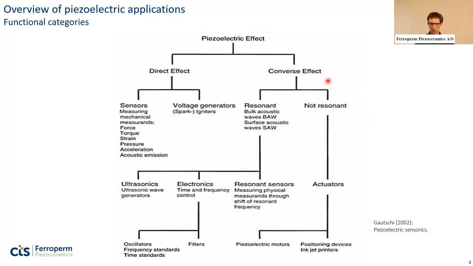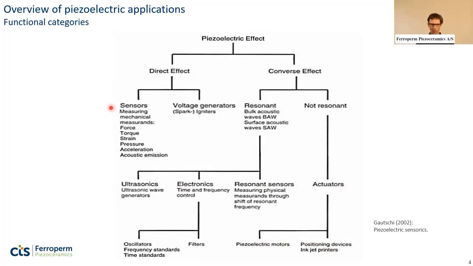Among the resonant applications you have, for example, the bulk acoustic waves and the surface acoustic waves, and also a lot of ultrasonic applications that use the high conversion efficiency obtained at resonance. And there are also some resonance sensors where you actually measure the shift of resonance frequency. Among the non-resonant applications are the actuators, for example, some of the piezoelectric motors, and especially the positioning devices.